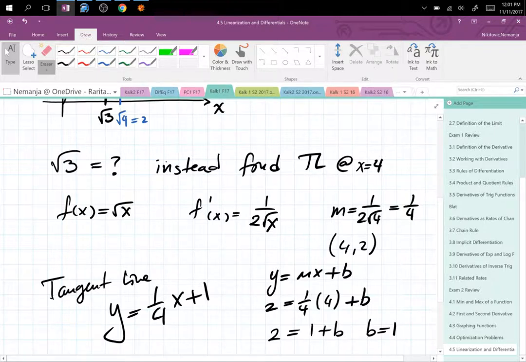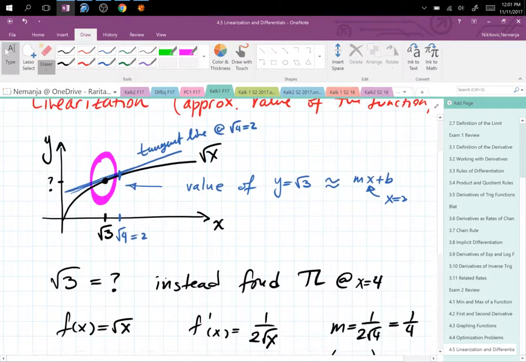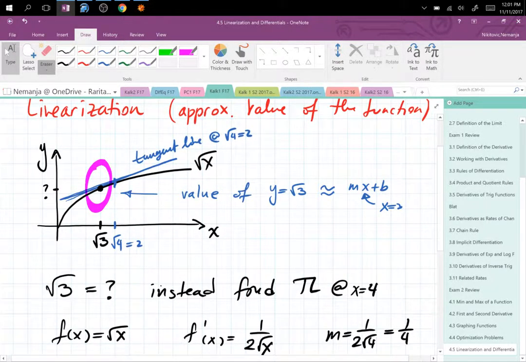The y value that the tangent line gives and the y value that the actual answer is are very close. And you can see that on the picture over here. You see that this blue line almost goes to this black point. And the reason is they're 0.02 off. So I computed the tangent line at the point where I can, which is at 4.